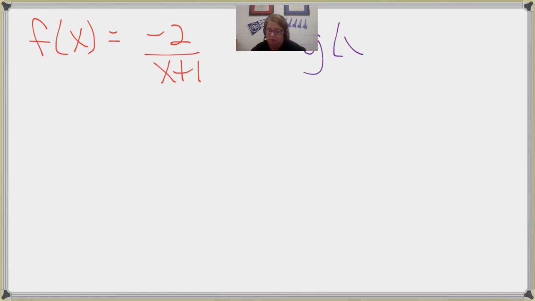What about this one? F of x equals -2 over x plus 1. G of x equals, lost my place, -2 over x minus 1.